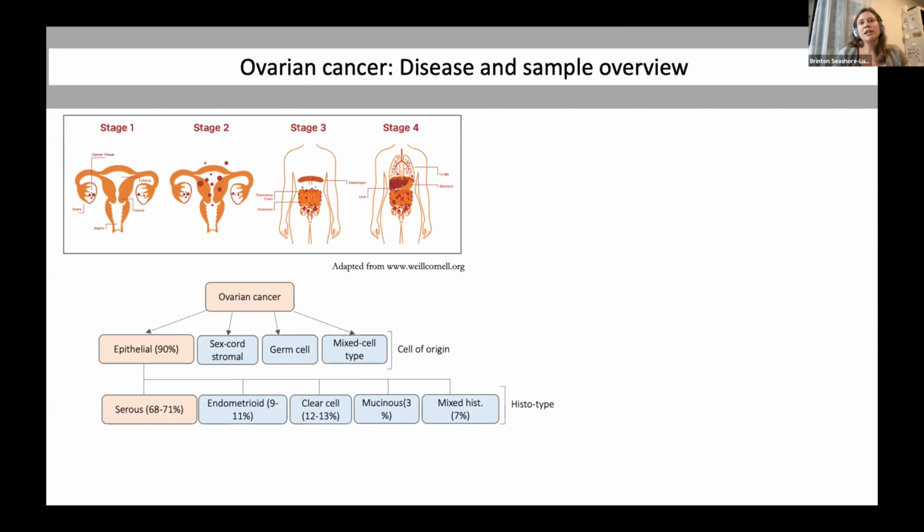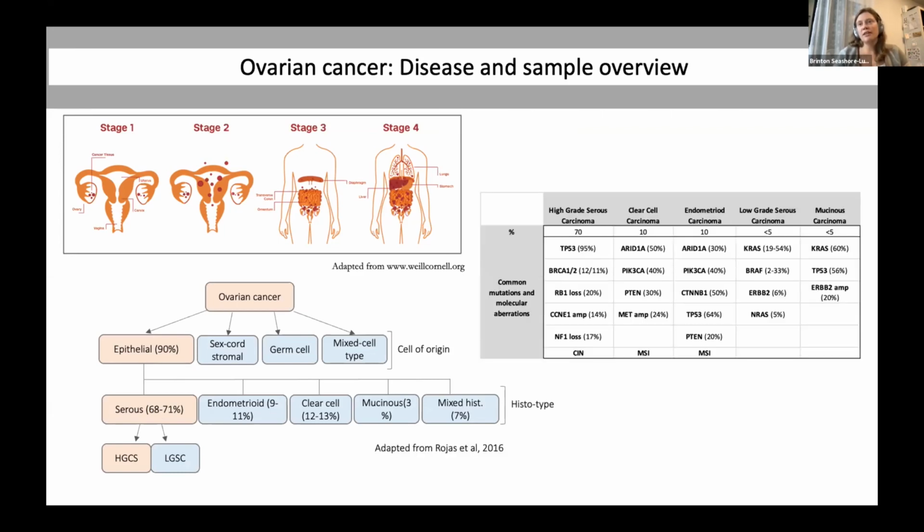Of the epithelial cancers, there are 5 main histotypes, the majority of which are serous, and that can be classified as either high-grade serous or low-grade serous cancer. In terms of the epithelial cancers, all of these patients have different types of common mutations and molecular aberrations, but actually all of the patients get the same treatment.